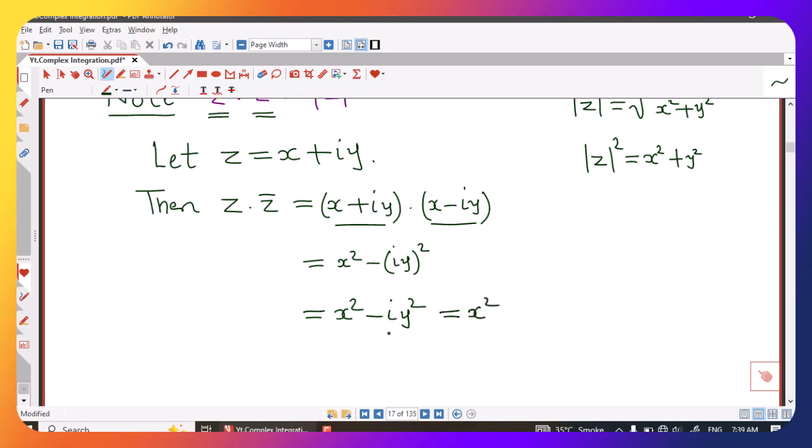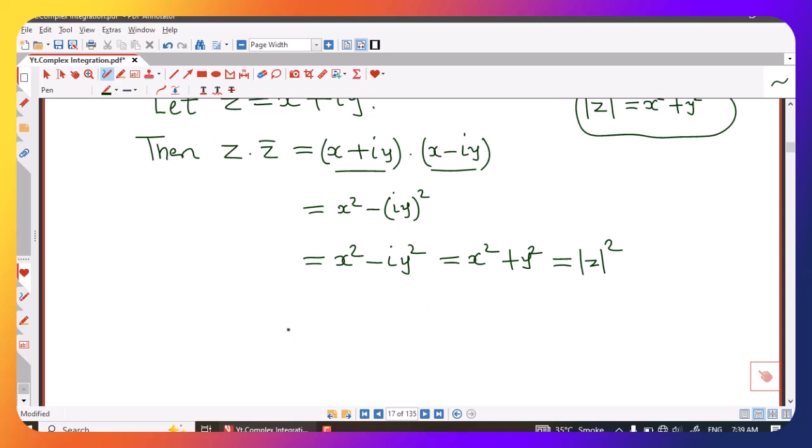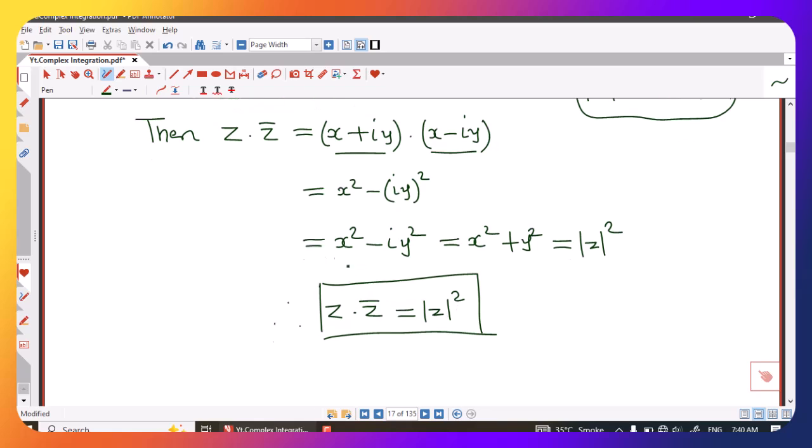We know that i square is minus 1, and there is a minus 1 in the product, so this is x square plus y square, which is equal to the absolute value of z squared. So whenever required, we will use this property that z times the conjugate of z equals the square of the modulus of z. In other words, mod z square equals z times z bar.